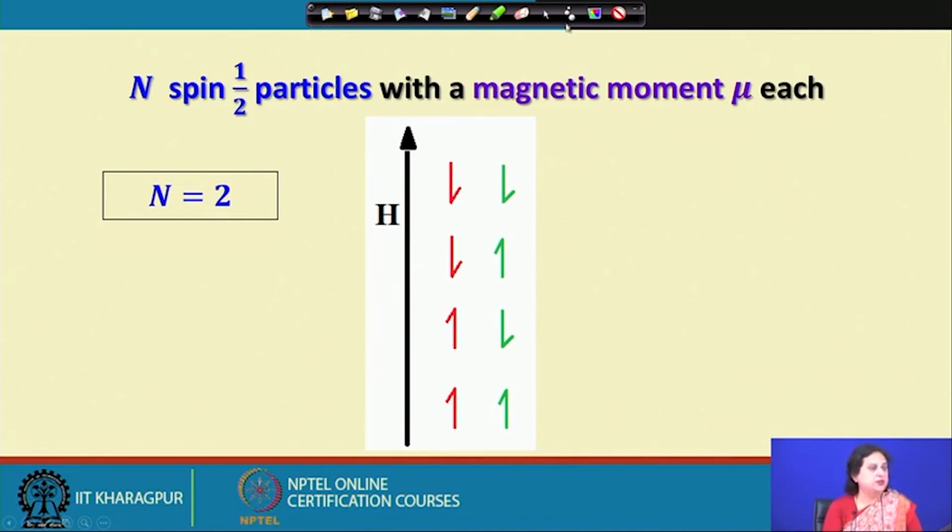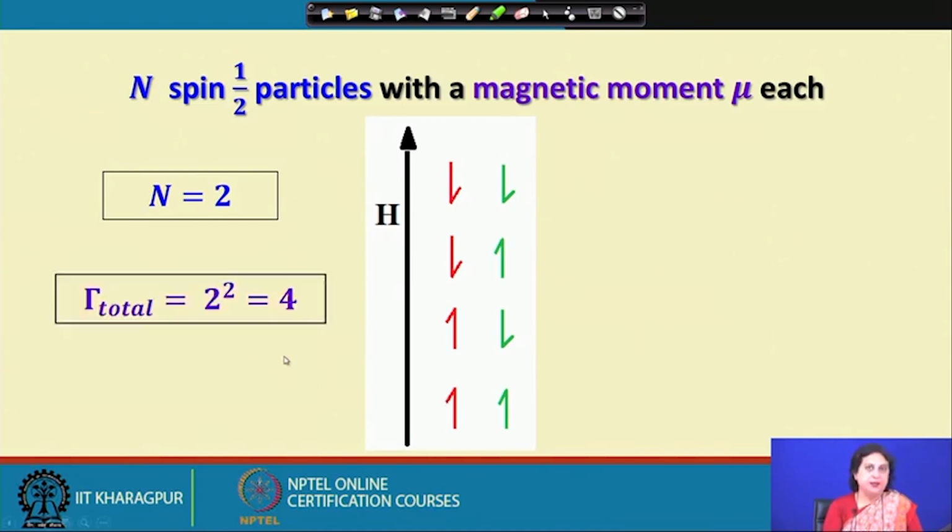So, the question that I would like to ask here is, if I have two particles like this and they are not interacting with each other, and each particle can have two possible microstates, then what is the total number of microscopic states here? Just because we have assumed that particle 1, that is the spin-half particle 1 shown in red, is independent of the spin-half particle shown in the color green, for each orientation of particle 1, I will have two orientations of particle 2.